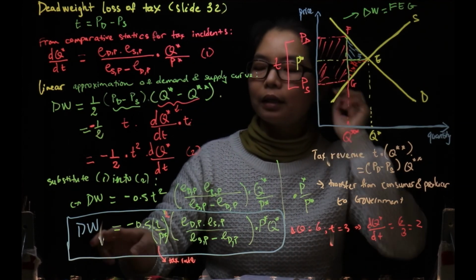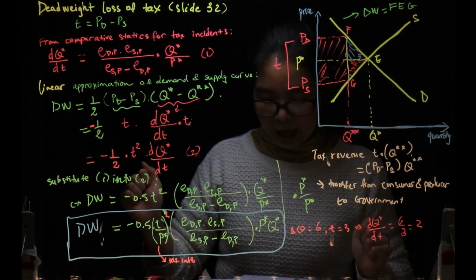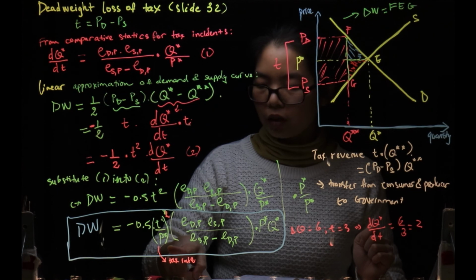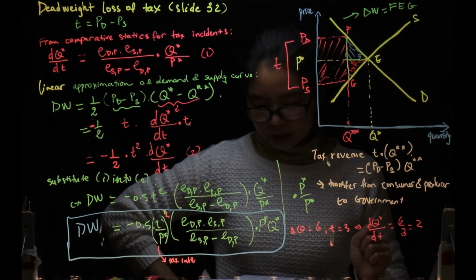So you could see that the dead weight loss is proportional to the square of this tax rate. What does it mean?